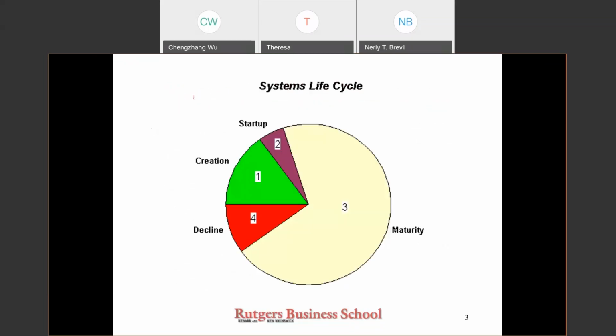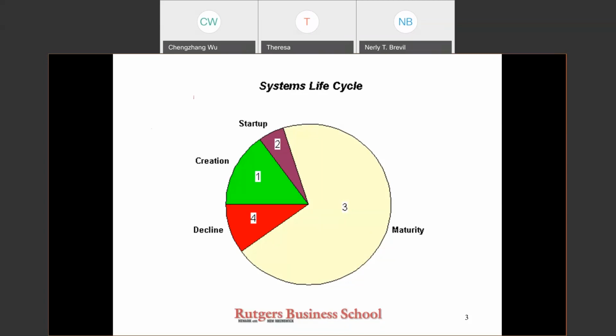So this slide shows the system life cycle. All systems, not just information systems, go through a series of stages from the time they come into existence to the time they cease to exist. Human beings are one example of such a system that goes through the stages of birth, childhood, adulthood, and old age.